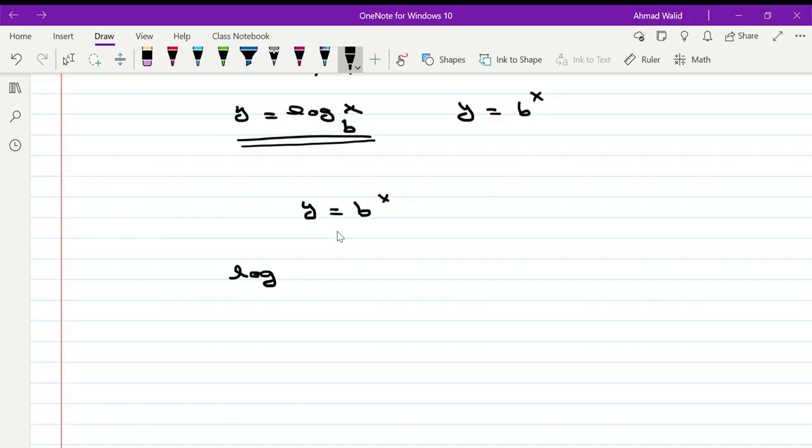Then let me put this one in a different way to make it easier for you. B to the power of x equal y, same thing, right? Then bring down this b all the way here. Then cross, y comes here, correct? And cut, x goes on this side.